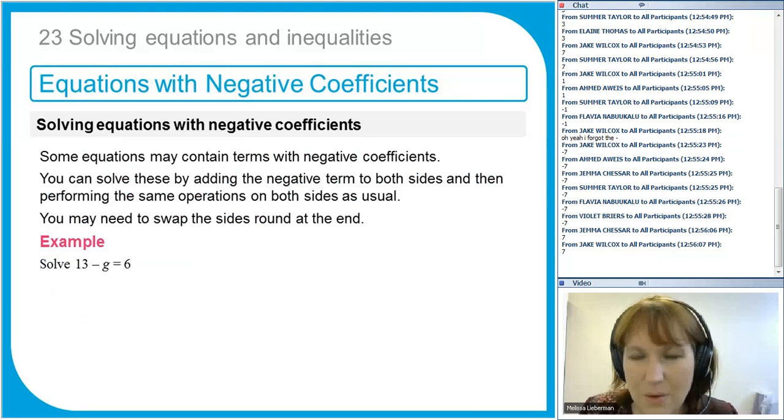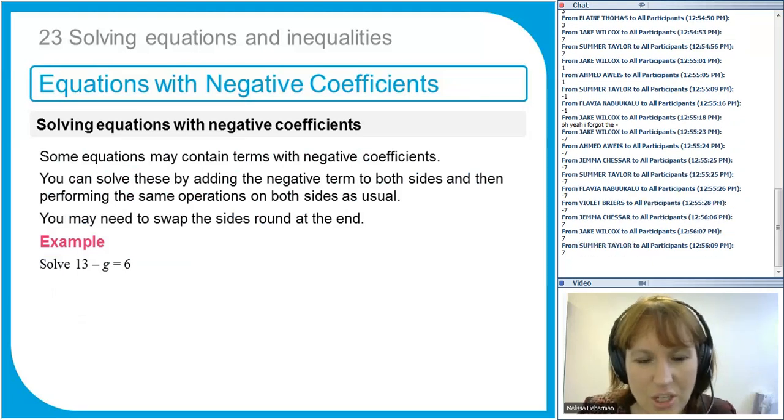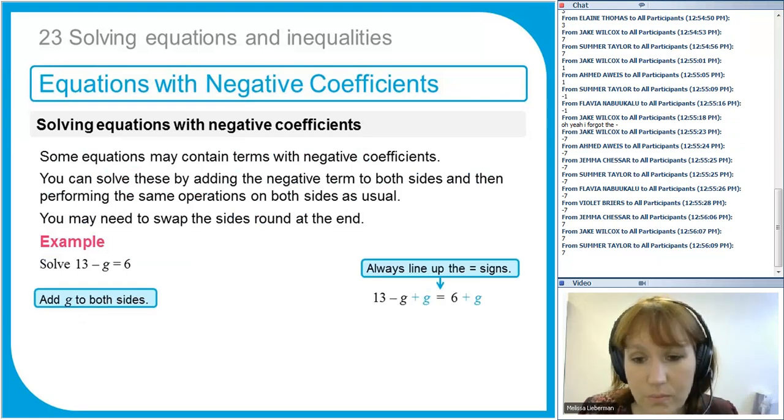All right, but if we're going to solve it as an equation, let's just look at the steps for an easy example, and then we can apply it for harder examples later on. So there's two ways to do this. You can either start by adding g to both sides just to get rid of the negative number. So if you don't like dealing with negatives, we could just add g to both sides, and then that will get rid of that minus g and it will give me a plus g instead.